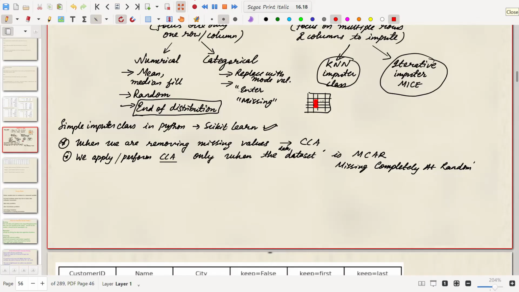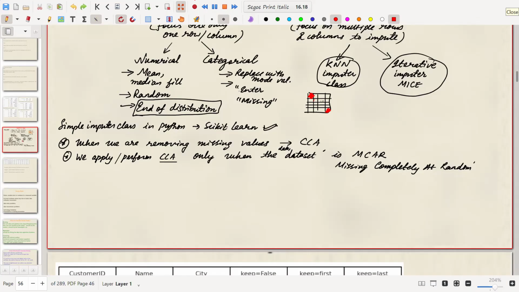When you see a pattern in your missing values, you say it is not missing completely at random. When can you say it is missing at random? Suppose, for example, this is missing, this is missing, maybe somewhere here it is missing. Yes, you can say they are missing completely at random, they don't have a pattern to it.